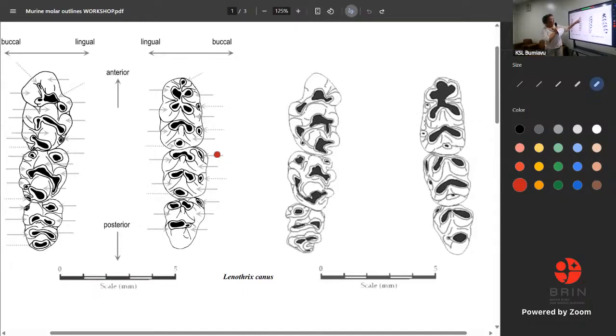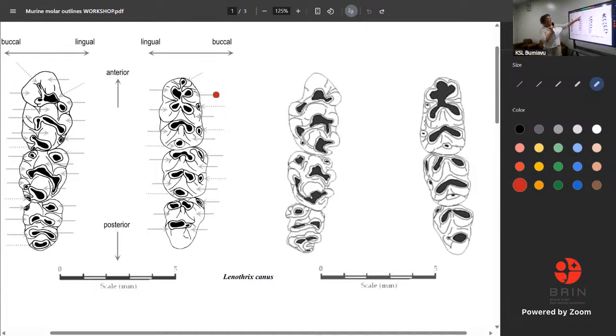Okay, so referring to my sheet, this is the ABUC, which is the anterior buccal cusp, and then this is the ALING, anterior lingual cusp. So I'll let you write that down first.